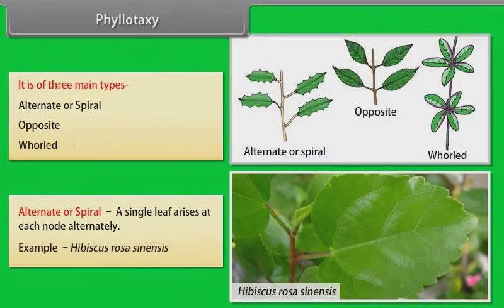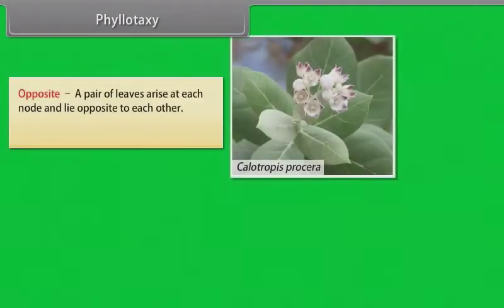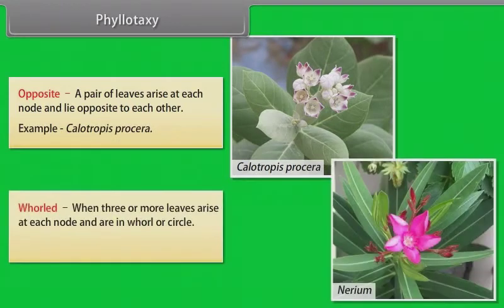Example, Hibiscus rosa-sinensis. Opposite. A pair of leaves arise at each node and lie opposite to each other. Example, Calotropis procera. Whorled. When three or more leaves arise at each node and are in a whorl or circle. Example, Nerium oleander.